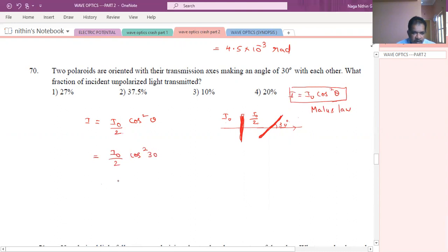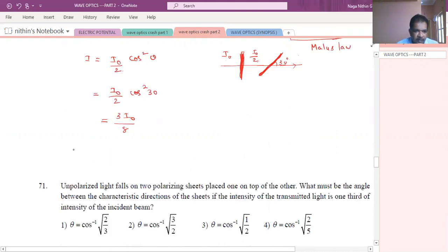This will be 3 by 4. So 3 I naught by 8. So if we calculate I by I naught, 3 by 8.